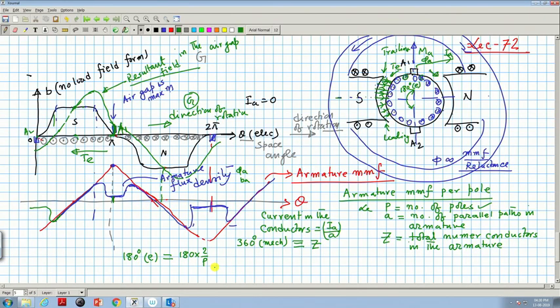So, over 360 degree mechanical, there are Z conductors. Therefore, under 180 degree electrical, that means 180 into 2 by P mechanical degree, how many conductors will be present?